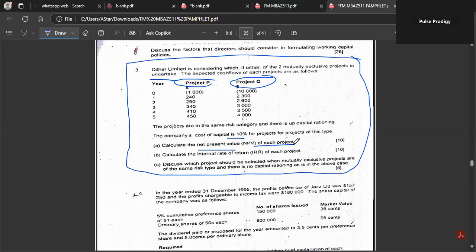So the fact that you would select project P means there's nothing in common with selecting the other project. So now we need to sort out this one.